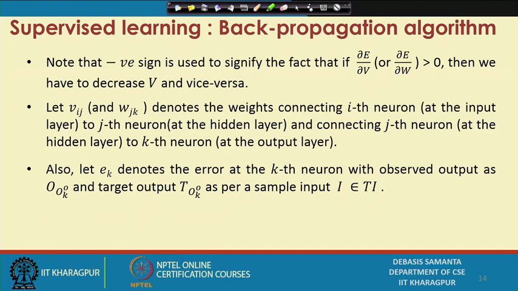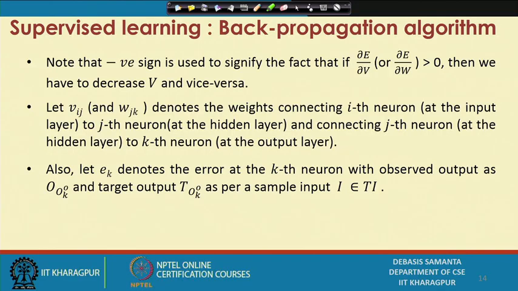As I told you, the negative sign is used to signify the fact that if del E by del V, the first order derivative of error with respect to V, is greater than 0, then we should decrease V, and vice versa. And V i j is our usual notation.